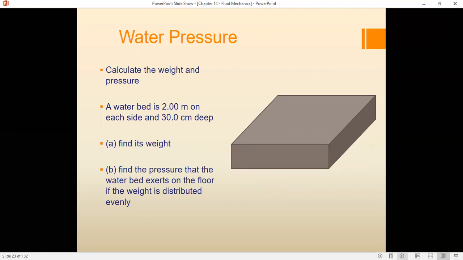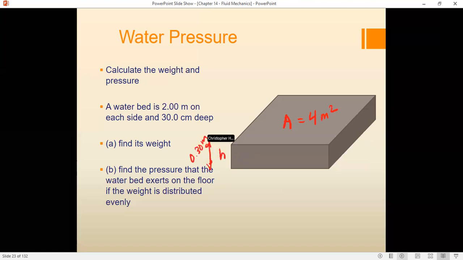Okay, so the first thing you need to do is find out how much area this is. 2 times 2, that's really easy. There's 4 meters squared of surface area. But also we need to know this height right here is 0.30 meters.